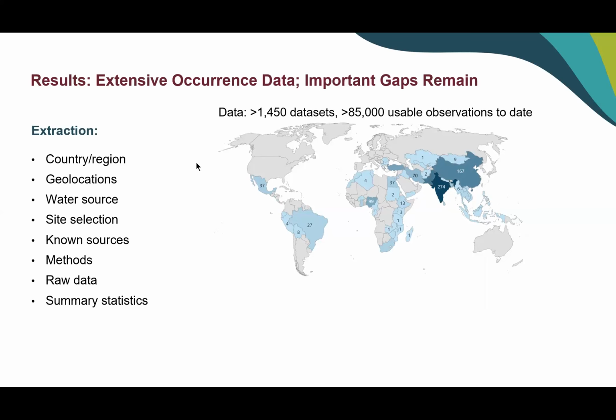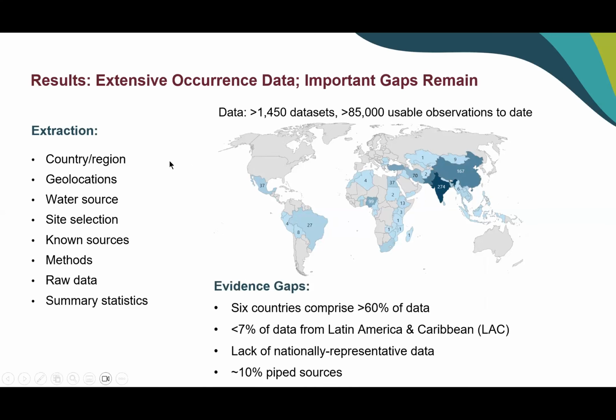And when we look at the global distribution, there are data across WHO and SDG regions, but we don't have peer-reviewed evidence from every country, and we have an uneven distribution. So 6 countries comprise more than 60% of the data.